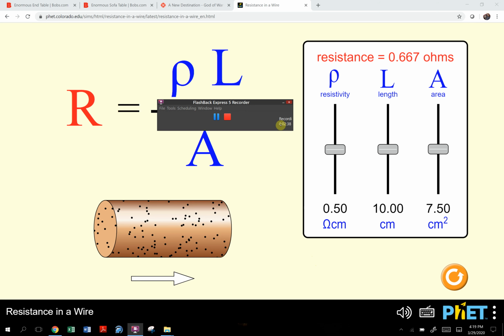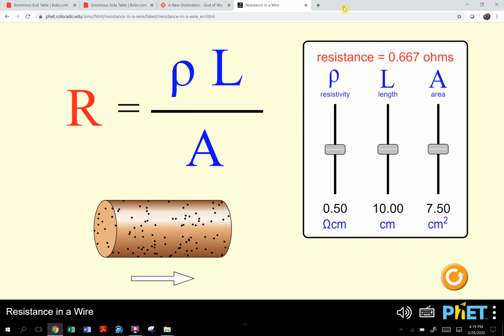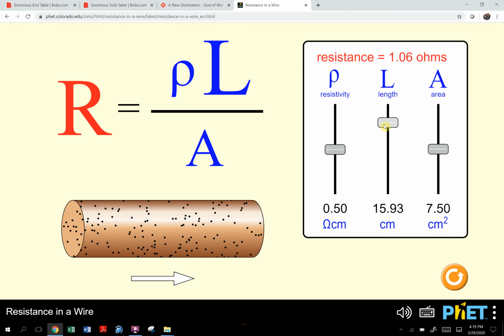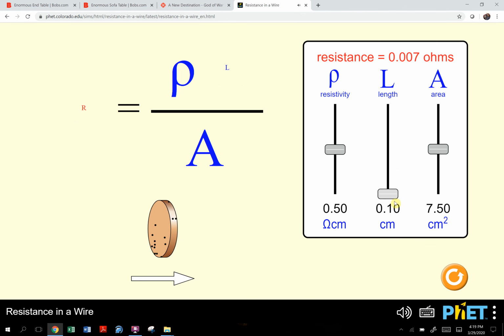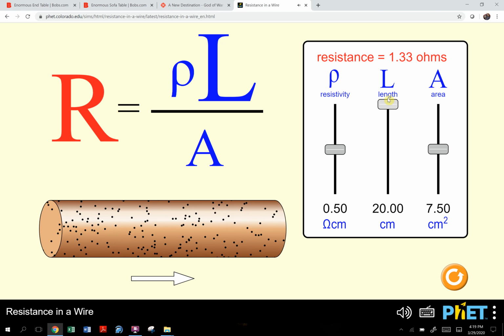And this is basically just a simulation. We were debating doing a lab. We're definitely not doing a lab, but hopefully you guessed. As the length increases, so would the resistance. Look, hence it's in the numerator. It's not the greatest of apps, but you get the idea.